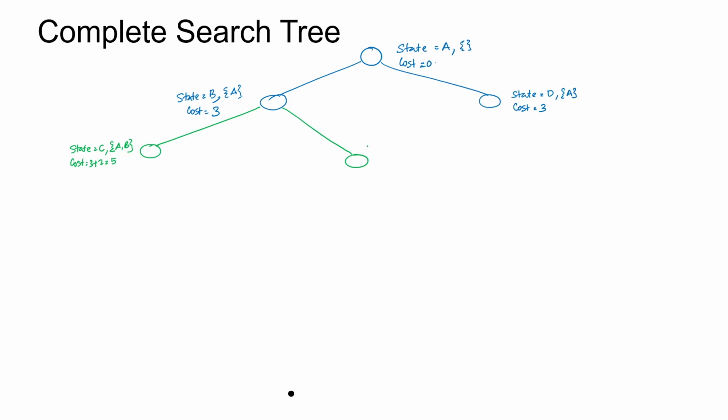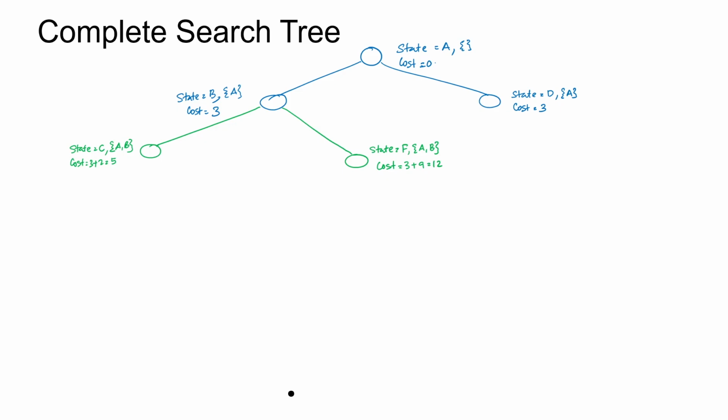The other one is state equal to F, the already visited A comma B, and the cost is equal to 3 plus 9, which is 12. Okay. All right. So, this is the second part.